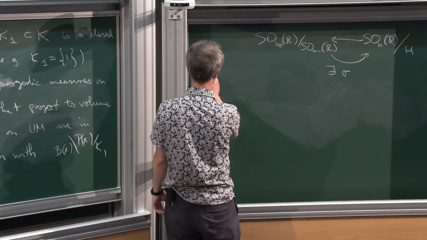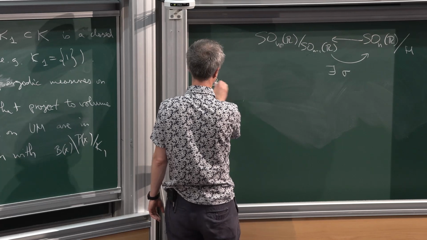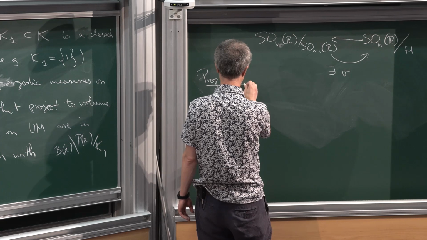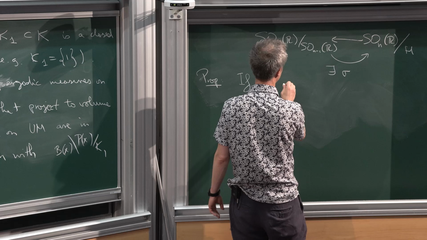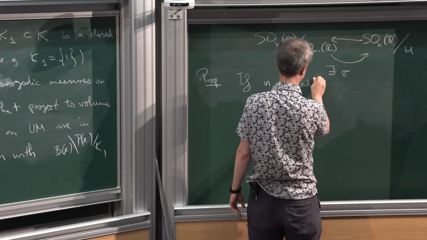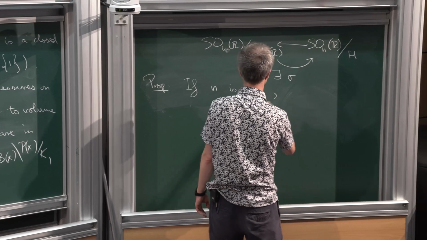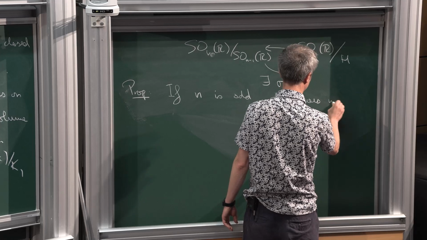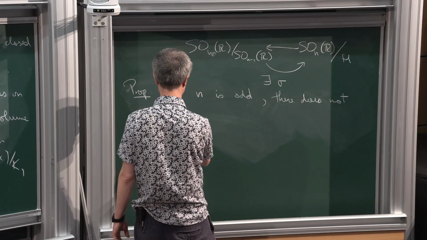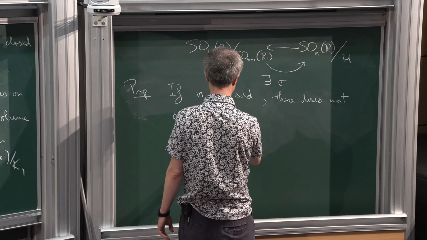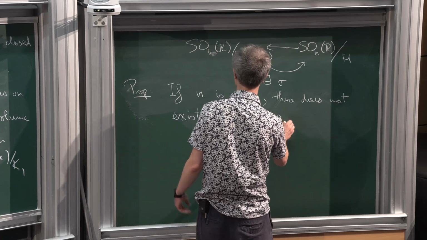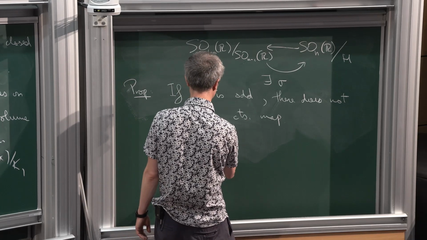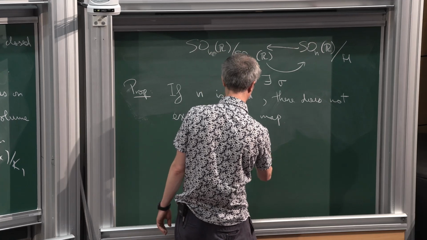And so here's a proposition. If n is odd, there does not exist a continuous map from SO(n, R) mod SO(n-1, R).